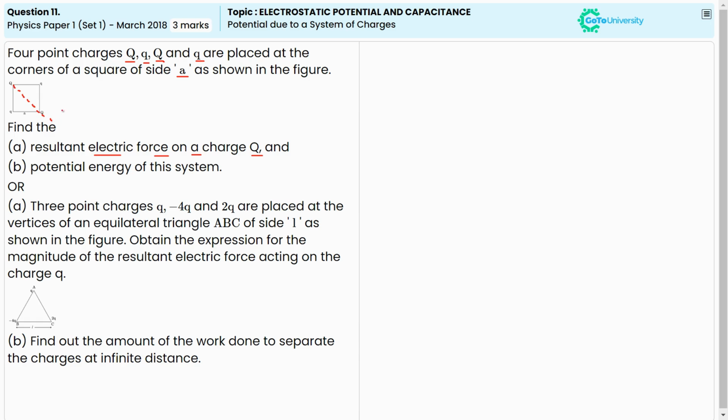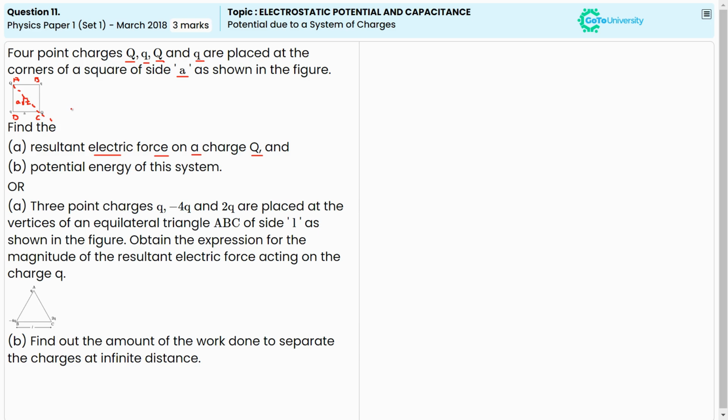If I take the notation here, this is A, this is B, this is C and this is D. Here the side is given as a, then the diagonal becomes a under root of 2 according to the Pythagoras theorem.